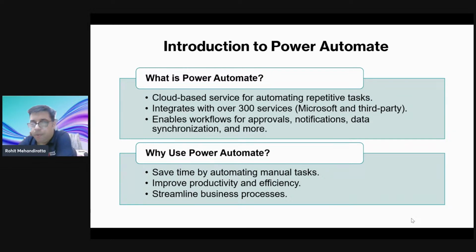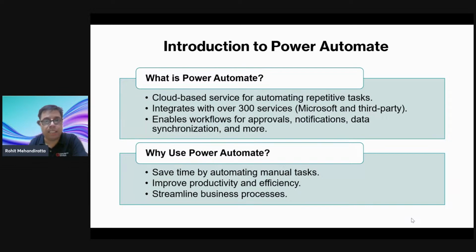Coming to Power Automate, what does it basically do? Power Automate is a cloud-based service you can use to automate whatever repetitive tasks you have. For example, if you want a file in a particular OneDrive folder to be moved from one place to another every month, you can do that.